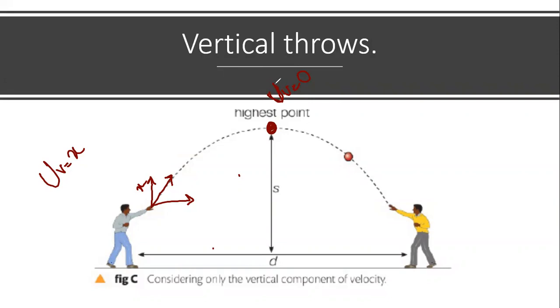It remains constant throughout. That is why for horizontal velocity, we can use speed equals distance upon time. Now, when you throw the ball upwards, the acceleration is negative 9.81, and when the ball is coming down, it's positive 9.81.